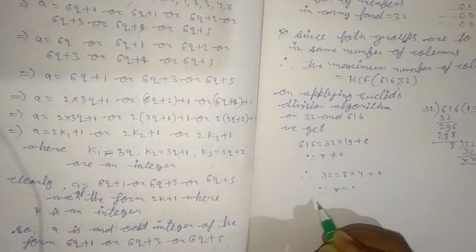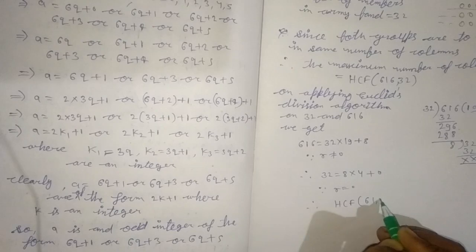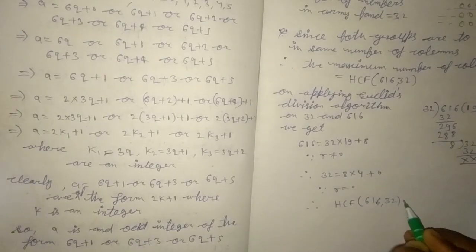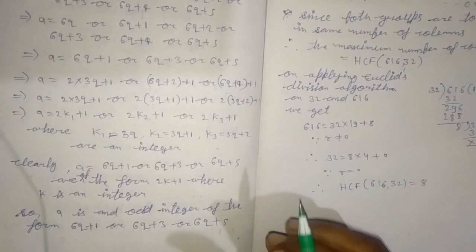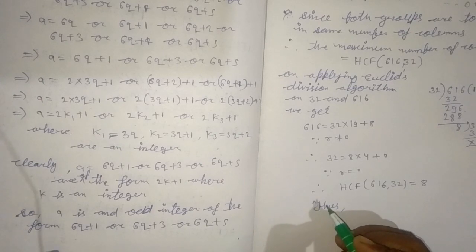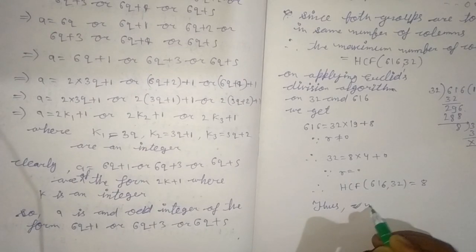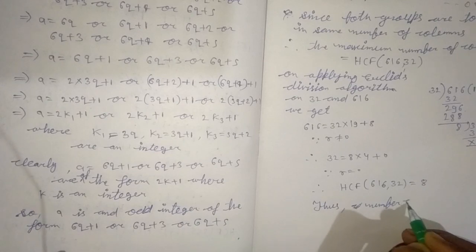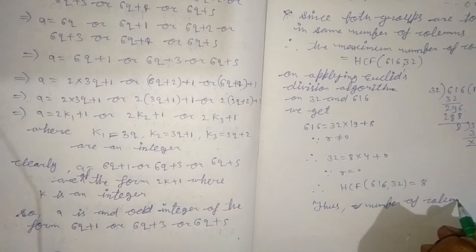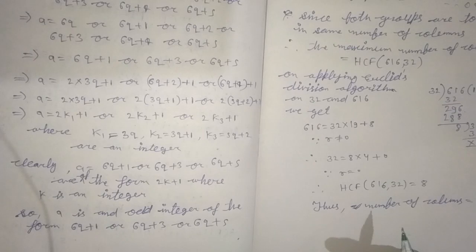Since r equals 0, therefore HCF of 616 and 32 equals 8. Thus the number of columns equals 8, meaning there should be 8 columns of army band and 8 columns of army contingent members.